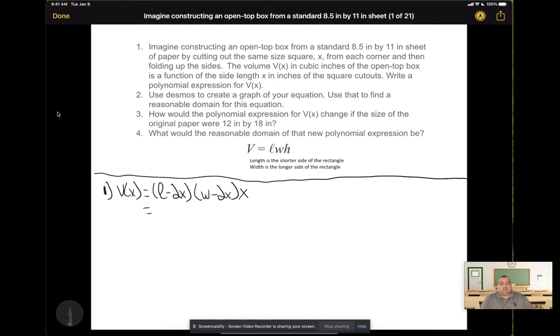Now notice it says in smaller print over here that we're going to assume that the length is the shorter side of the rectangle and the width is the longer side of the rectangle. So in the case of this piece of paper, which is 8.5 by 11, we're going to let 8.5 be the length, and we're going to let 11 be the width.